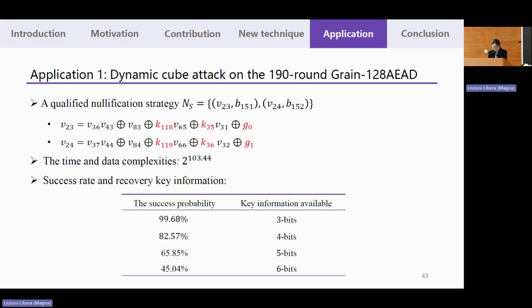Next, I briefly introduce how to analyze the impact of wrong key guesses on the superpoly from an algebraic perspective, using the nullification strategy NS as an example.